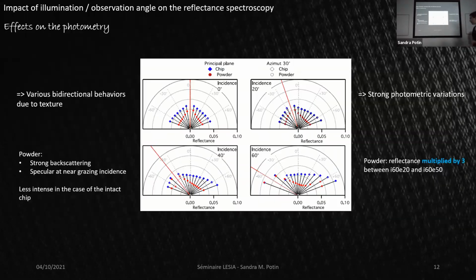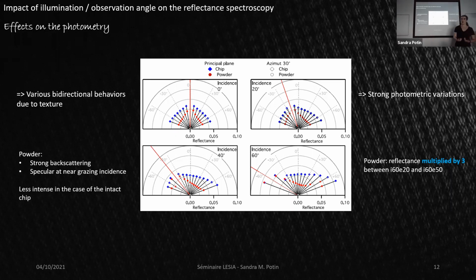So first, let's look at the effect on the photometry. We can see here that the two different textures react differently to the incident light. You can see here in the case of the powder, we have a strong backward scattering, and at incidence 60, we start to see the specular reflectance, and these effects are less marked in the case of the powder.